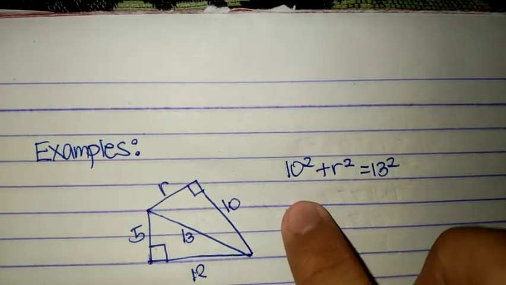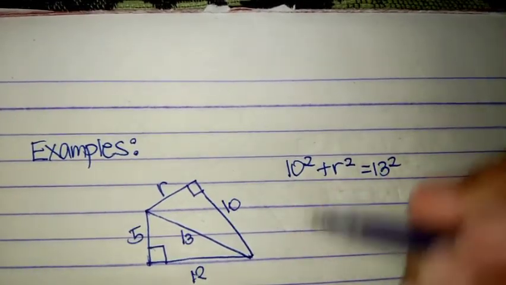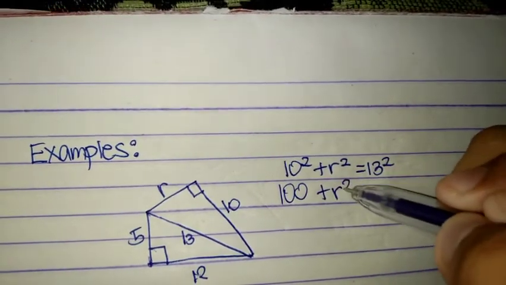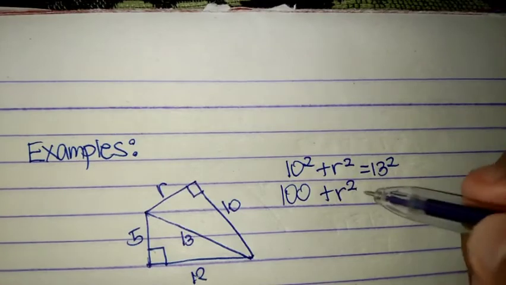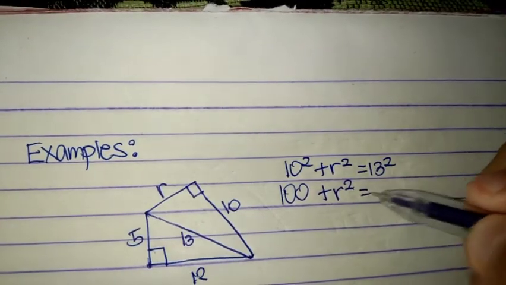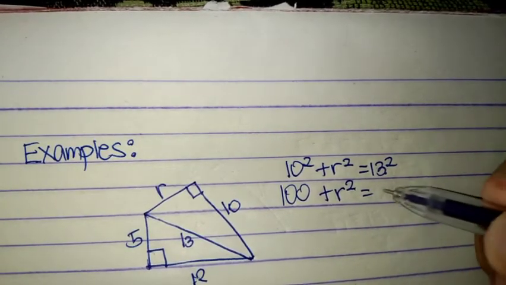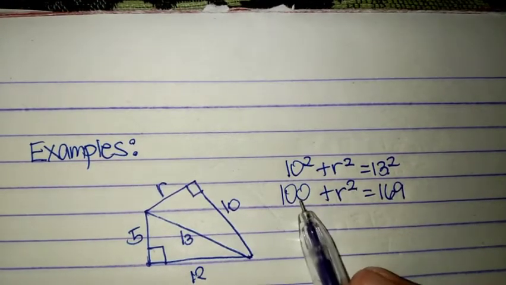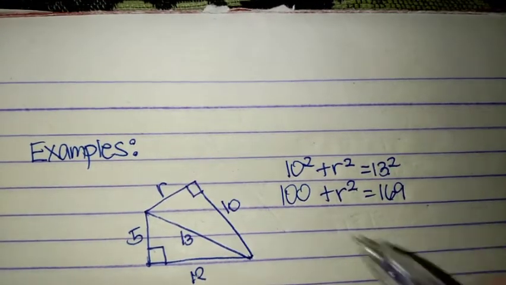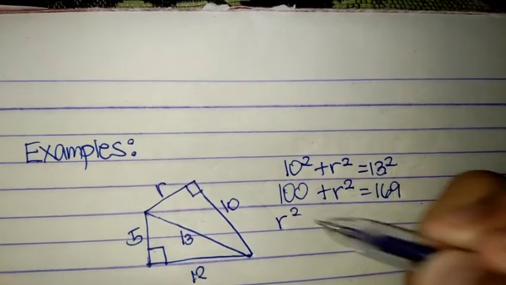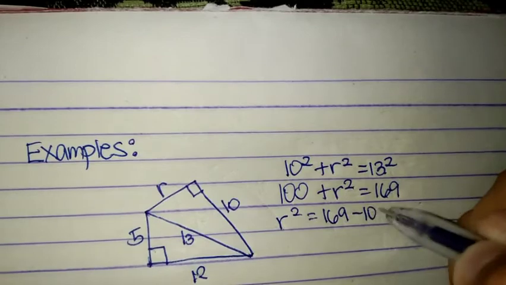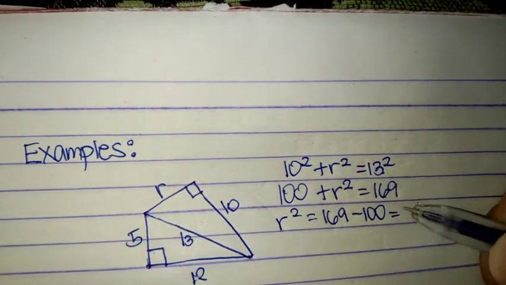Then, 10 squared is 10 times 10, which is 100. We have R squared. This is the one we need. 13 squared is 13 times 13, 169. Then, we transpose 100, so we have R squared equals 169 minus 100 is equal to 69.